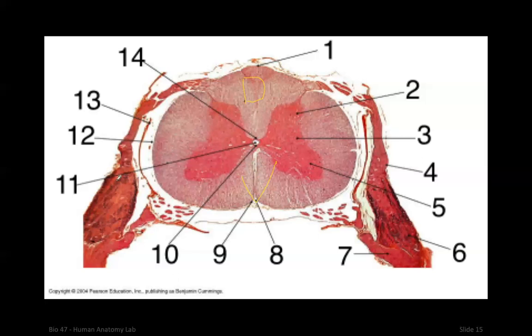Another thing that you can look for are these dorsal root ganglia, which are going to make this dorsal root much thicker than the ventral root. And that'll tell you dorsal from ventral. Then know that dorsal is afferent, is sensory, and ventral is motor, is efferent.